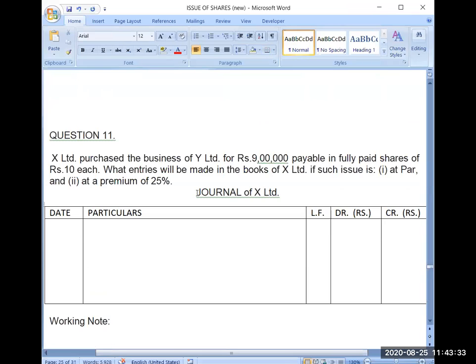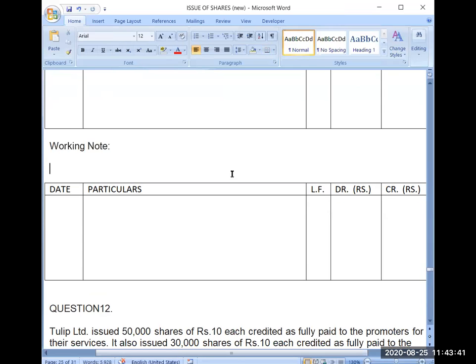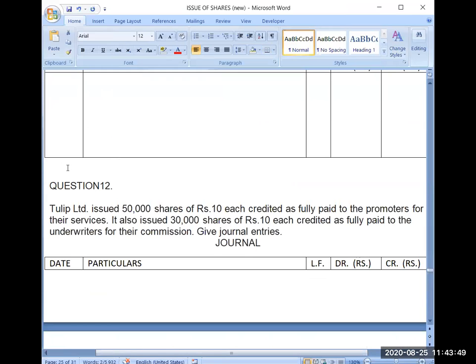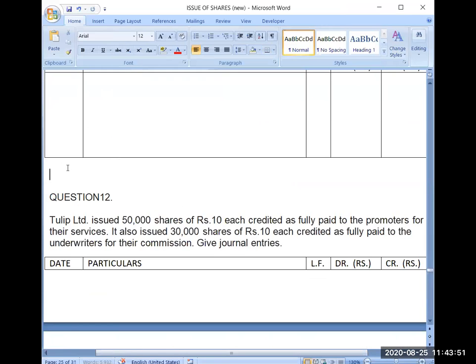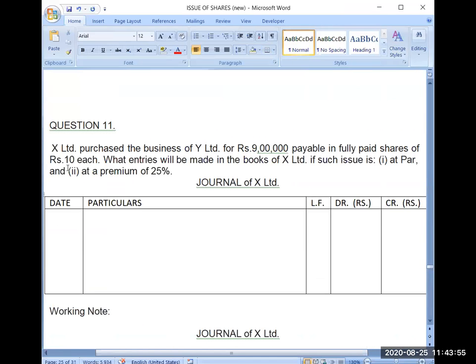Okay, so this is the journal of X Limited. You have to write the heading like this. And you have to keep space for working note also, if any required. Now see the first entry, you are purchasing the business of Y Limited.